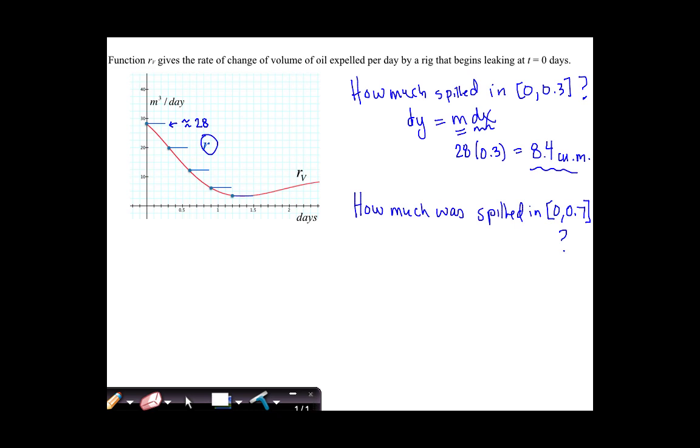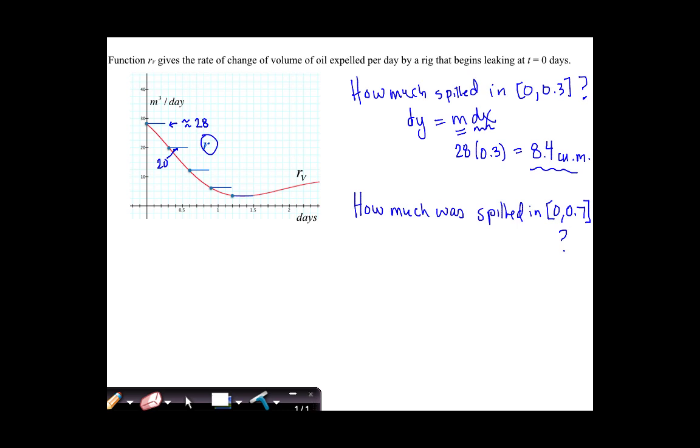The whole 8.4, so that 0.3 days at about 28 cubic meters per day, just visually estimating. And then a different rate, let's just say this one's about 20. It's pretty even with that. So if I say that this rate here is about 20 cubic meters per day, seems reasonable. That goes up through 0.6 then.